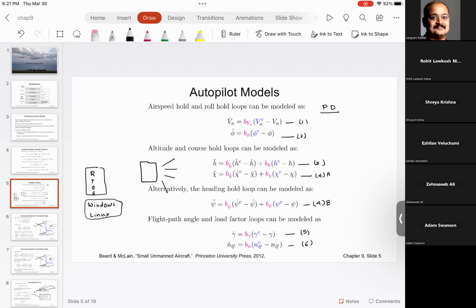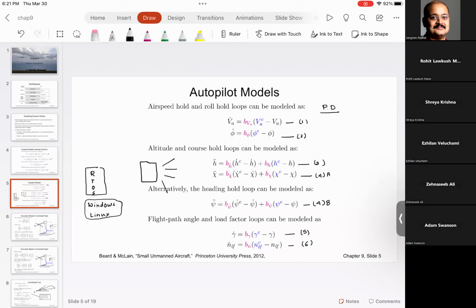So all that stuff goes on behind the scenes, but as a user, as a programmer, once you have the RTOS handled, or embedded Linux, or some other embedded operating system, you would be implementing these 6 equations and a few variations of them that will get you a very simple flight control system.